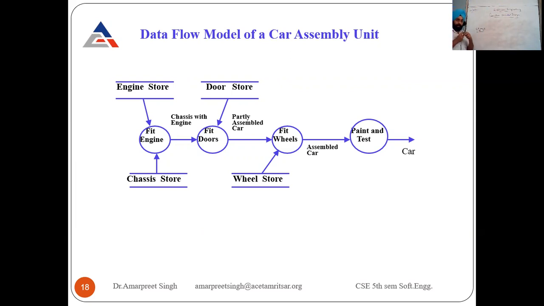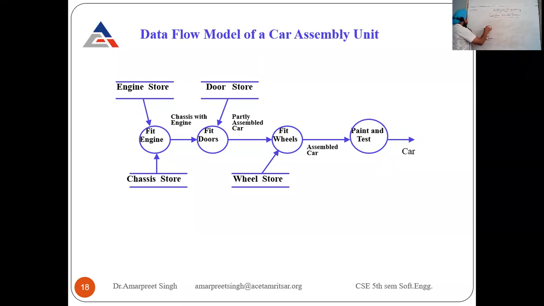So just start with this. We have the chassis from the chassis store. This symbol represents the data store. This symbol is known as a data store, which we will do in the coming slide also. From here, one store is the chassis store. We will get one chassis.